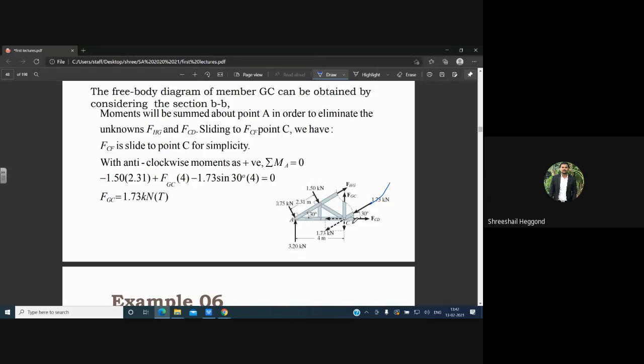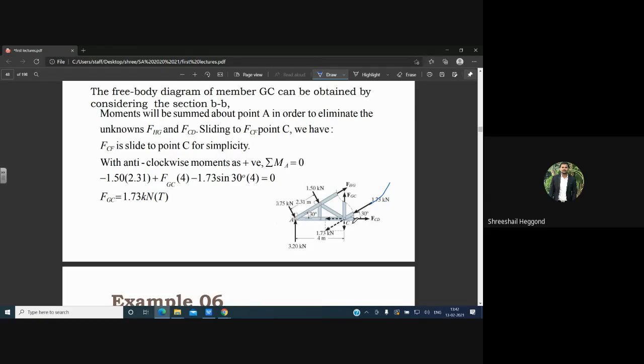Only the inclined members can be considered and the value calculated. At point C, it will be 0. FCF is sliding to the point C. For simplicity, already the value is calculated.